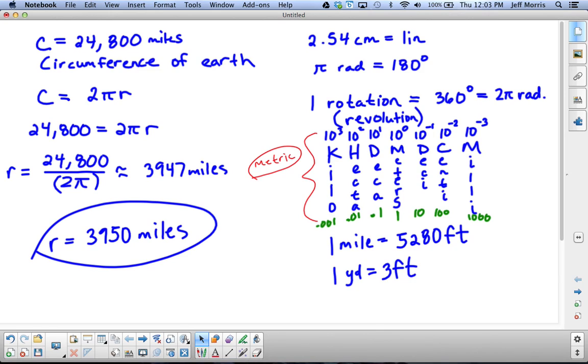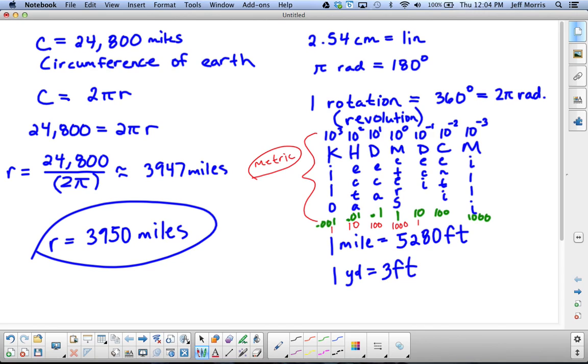Now let's try it different. Let's do 1 kilometer. Now we add zeros. What is it going to be? 10. What about deca? 100. What about meters? 1,000.